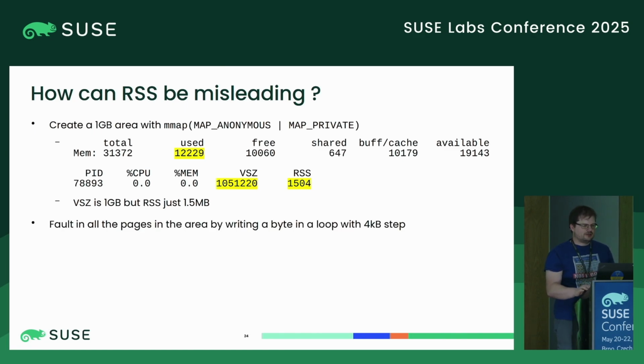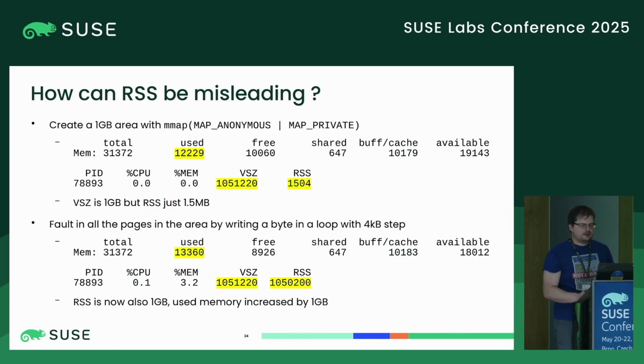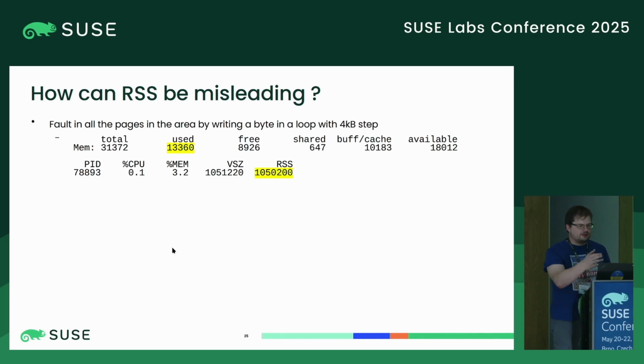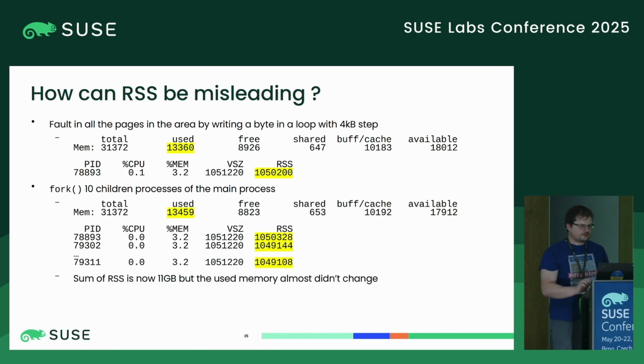And once the process writes in this gigabyte area, it populates that. So RSS is now also 1 gigabyte, and the total of the used memory increased by a gigabyte. And that's the same output again. And now if we fork the 10 children, we now see we have 10 processes which all have the RSS of 1 gigabyte, but the amount of used memory didn't actually increase by 1 gigabyte or 10 gigabytes.